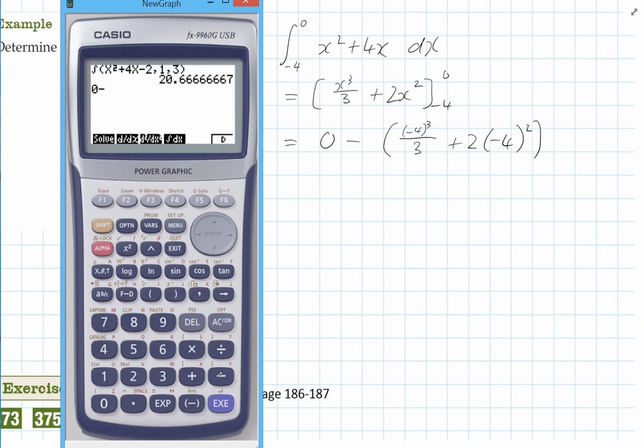So we have 0 minus -4 to the power of 3 divided by 3. And I'll need an extra set of brackets here, plus 2 times -4 squared, and that gives us a syntax error, so we need another bracket here, obviously.